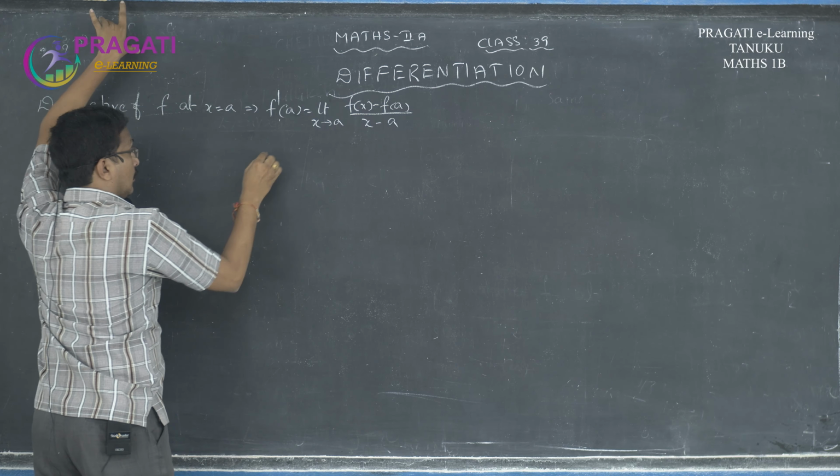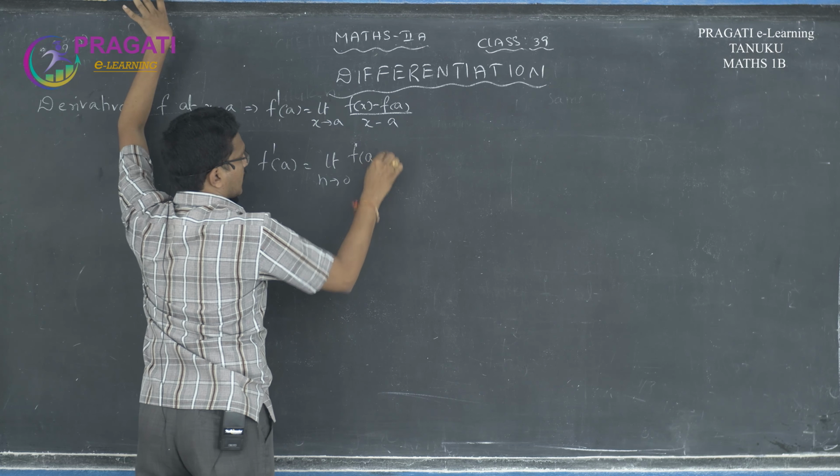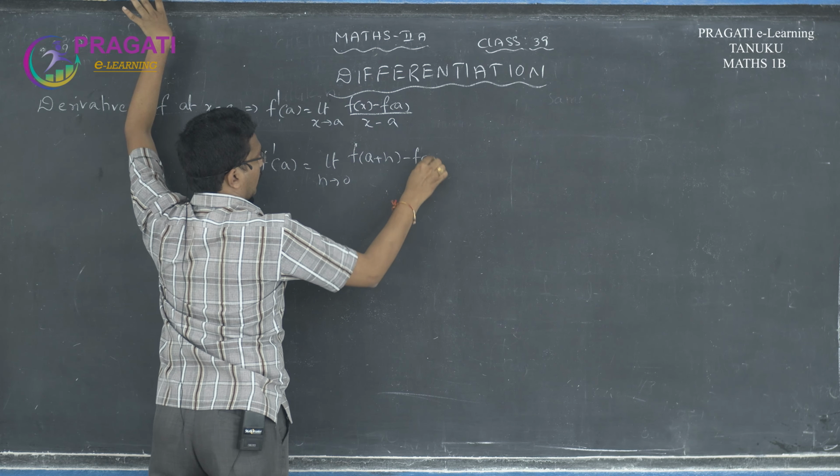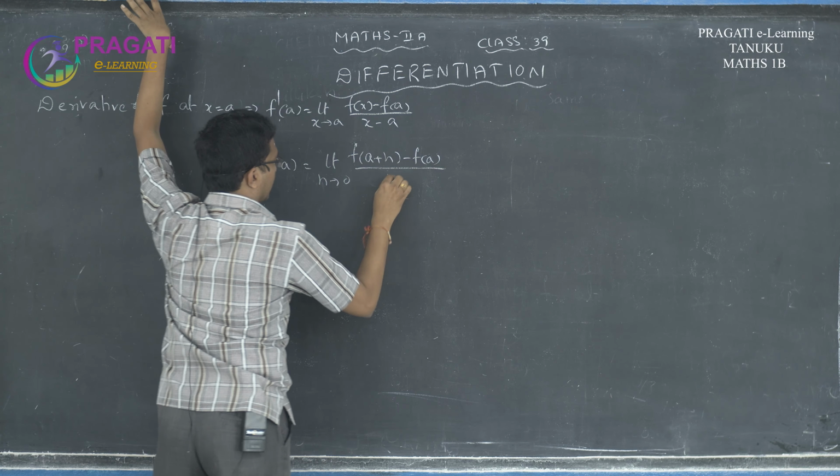Or the alternative formula, limit h tends to 0, f of a plus h minus f of a by h. Both are the same, and the formula is the derivative of f at the point x is equal to a.